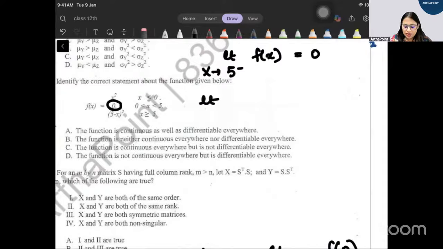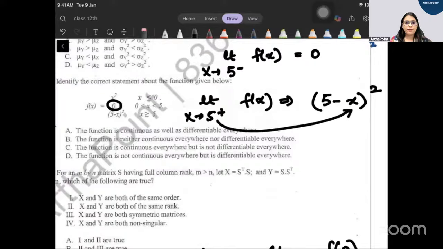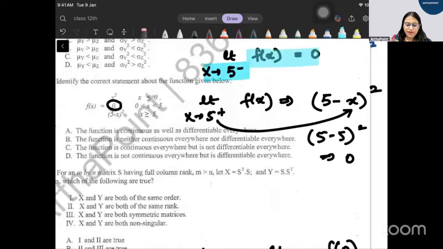And limit x tends to 5 plus f(x), 5 से हल्का सा ऊपर लेते हैं, when we take value more than 5, तो हमारा फंक्शन का वैल्यू क्या है? (5 minus x) whole square, and I will put this 5. तो 5 minus 5 whole square माने 0. So the function is taking the value 0 जब 5 से थोड़ा कम वैल्यू लिया, and it is taking the value 0 जब 5 से थोड़ा ज्यादा वैल्यू लिया.